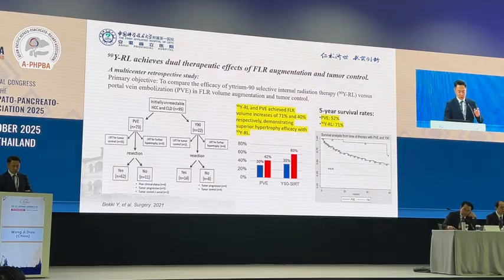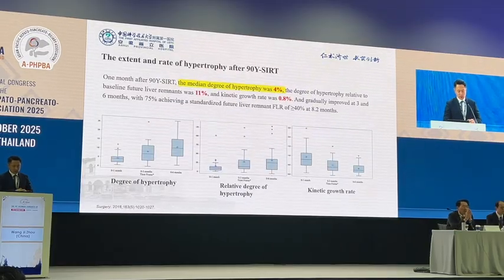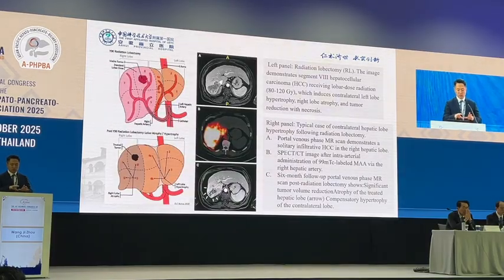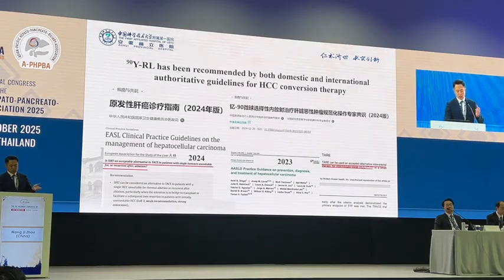That's very likely, but we have to say that the median degree of hypertrophy for the Y90 varies a lot. Some people published only 4%, and some publications show very good effect of liver hypertrophy with the Y90. So we still need more data to support that.